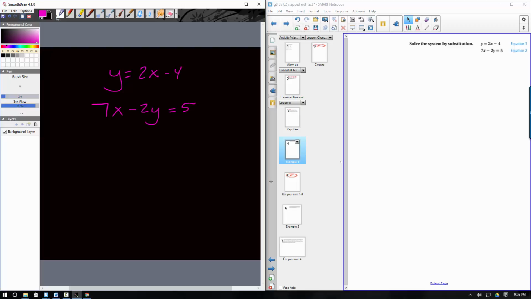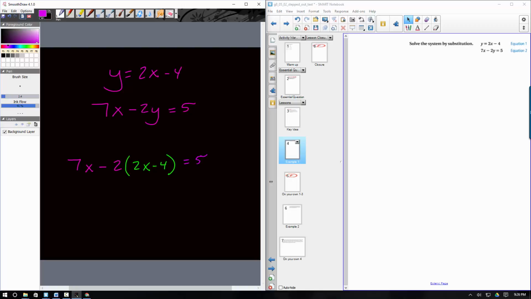I'm going to write it as 7x minus 2, but now y equals this, right? So I'm going to plug this in. So I'll say 2 times 2x minus 4, and then this all equals 5.